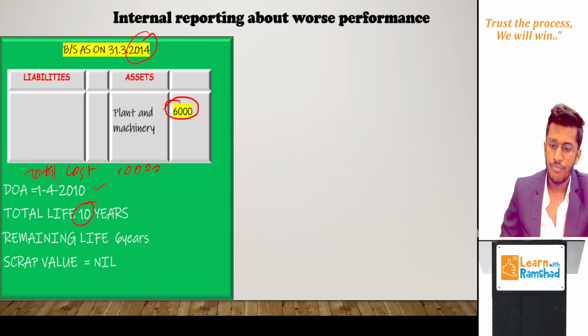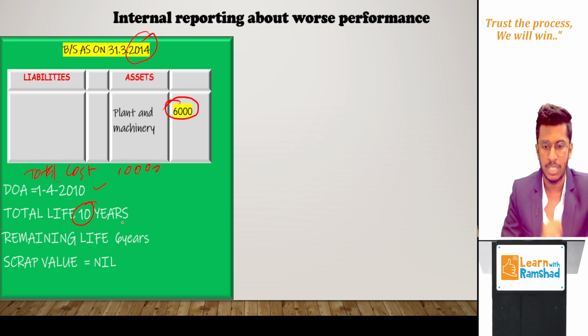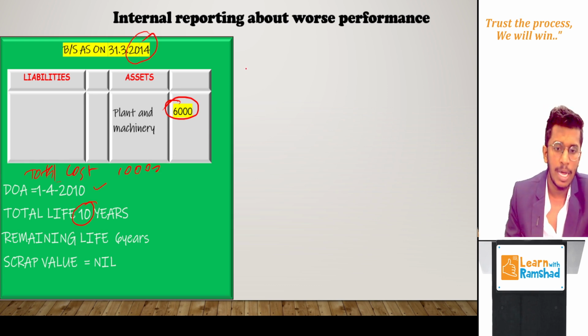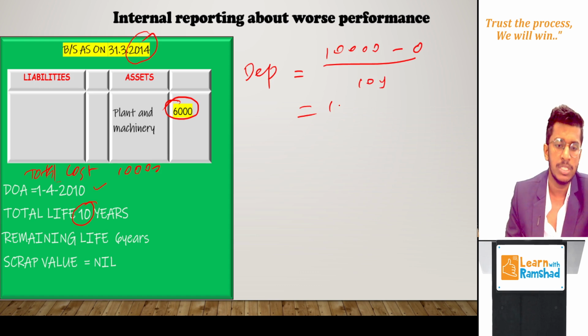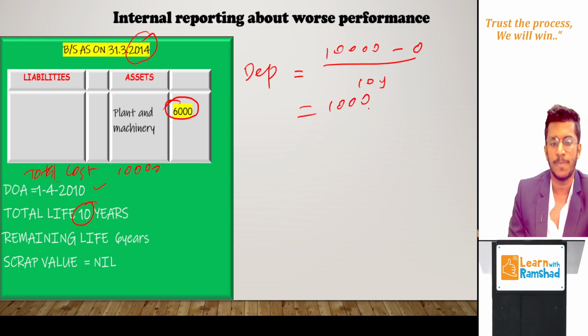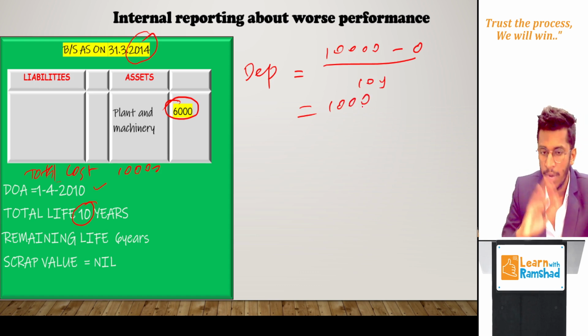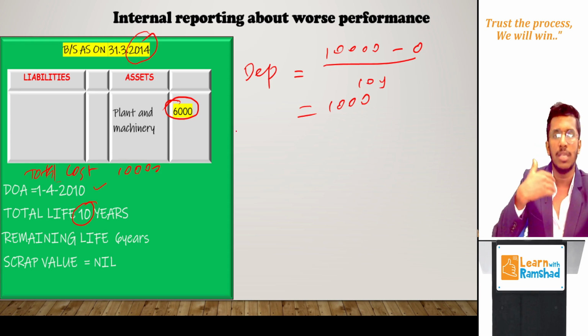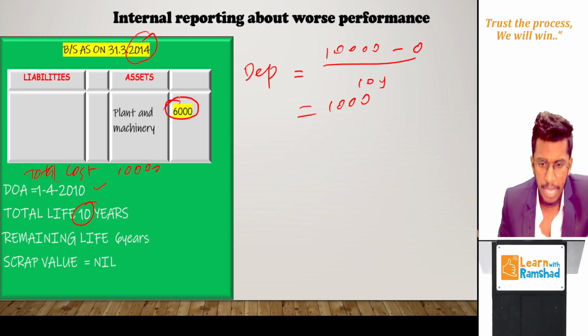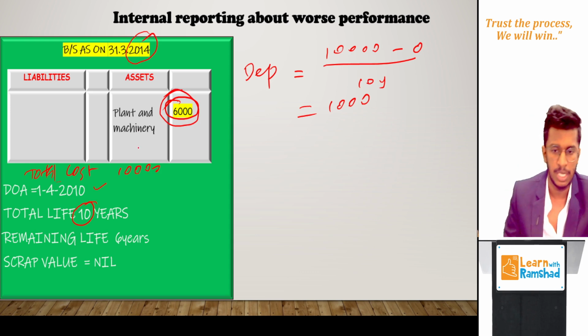As of now, 4 years have expired. Now we have a remaining life of 6 years. So you currently calculate depreciation like this: total cost, which is 10,000, minus scrap value nil, divided by total life of 10. Every year you charge a depreciation of 1,000, and after 4 years expired, now we will have a WDV of 6,000.